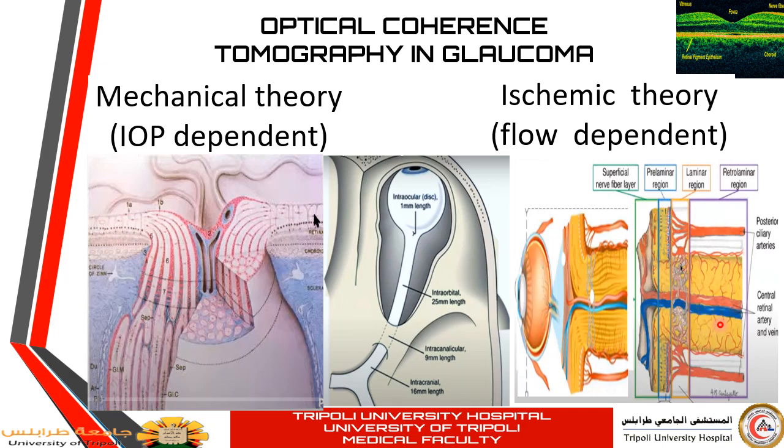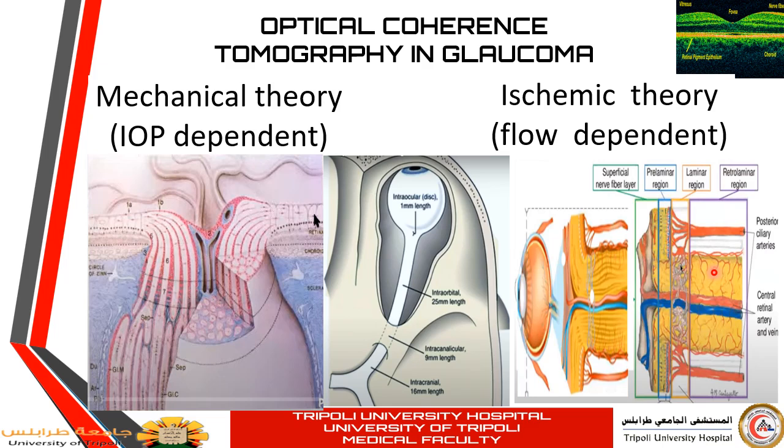The theory says that when there is an increase in the pressure inside the eye relative to normal or a little bit high CSF pressure, this will create a pressure difference across the lamina cribrosa, and this will lead to ischemia and damage to the optic nerve. These are the main points of the ischemic theory.